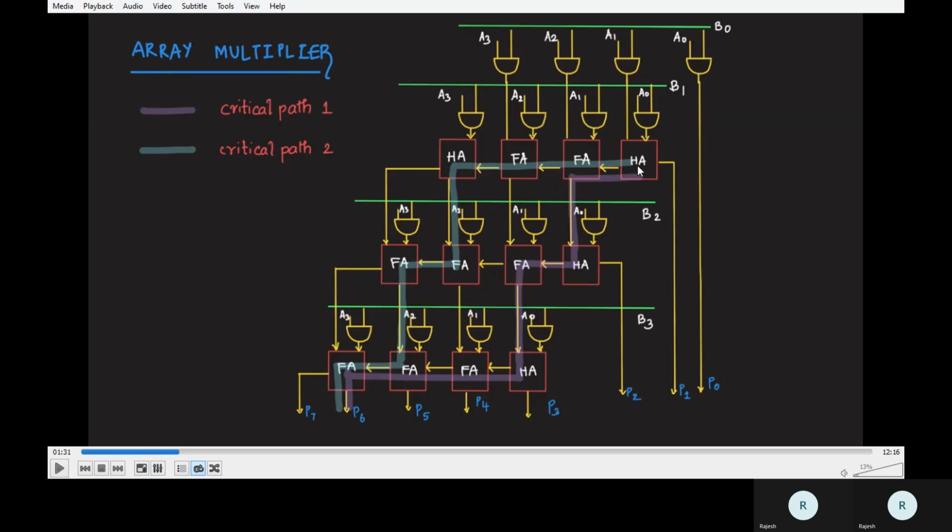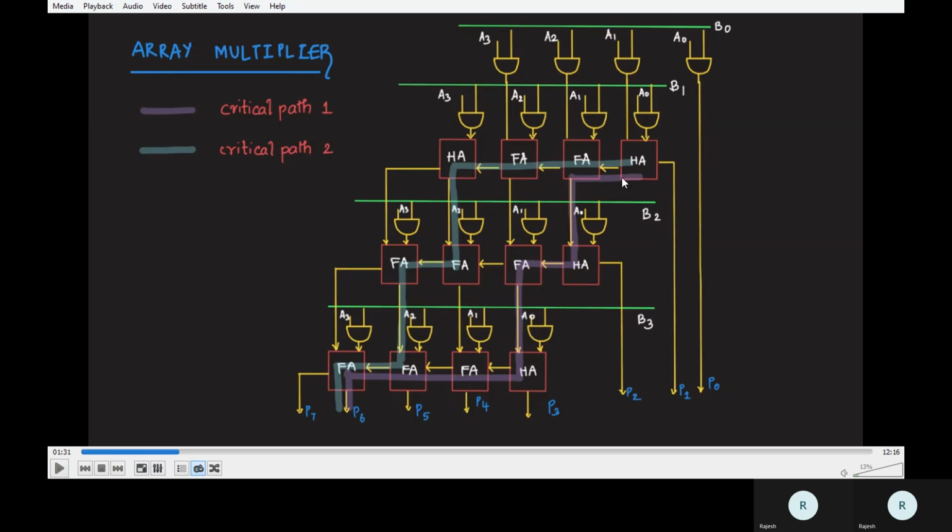So this green color is passing through 1, 2, 3, 4, 5, 6, 7, 8. So 8 gates, among which full adders are 6 and half adders are 2.